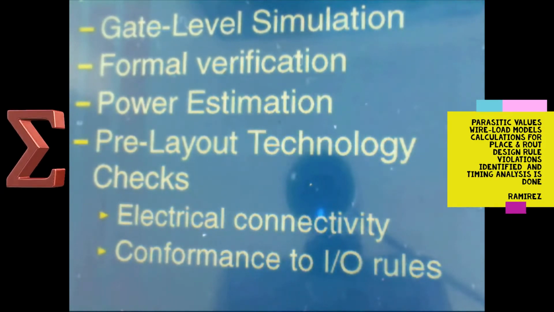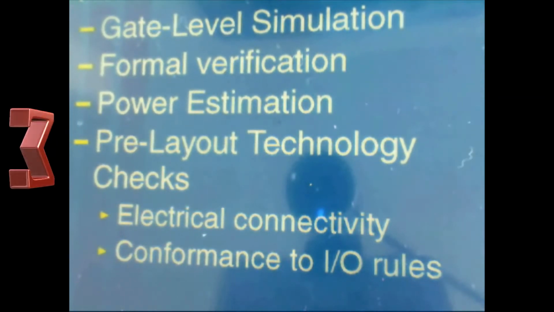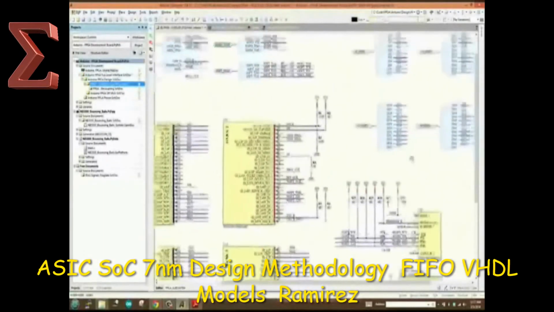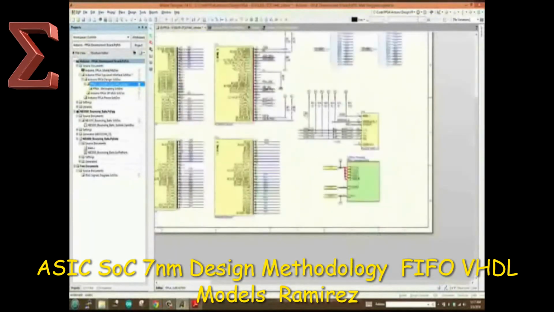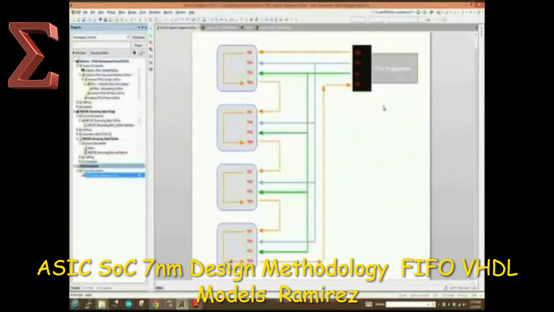In this case, because I'm designing a FIFO element, the top-down approach is what I have chosen. Due to the top-down hierarchy strategy, all the sub-modules will be read first, and then the top level.